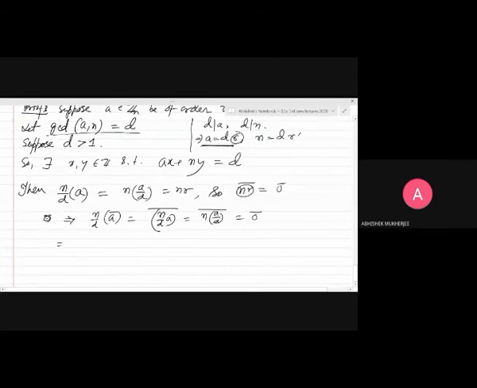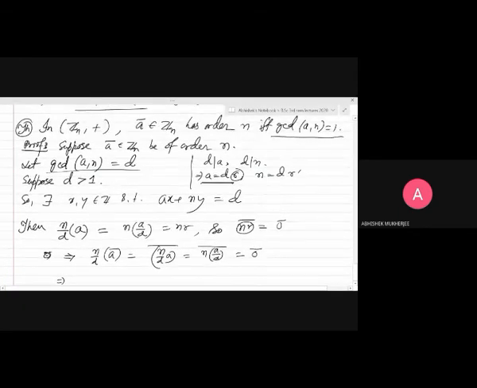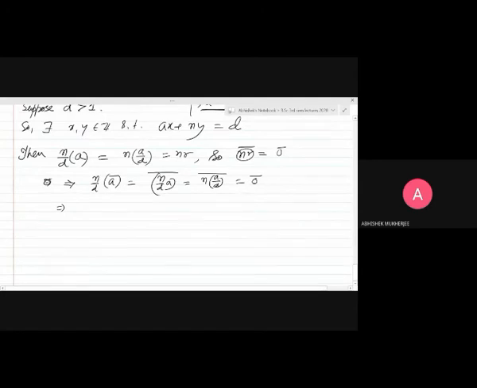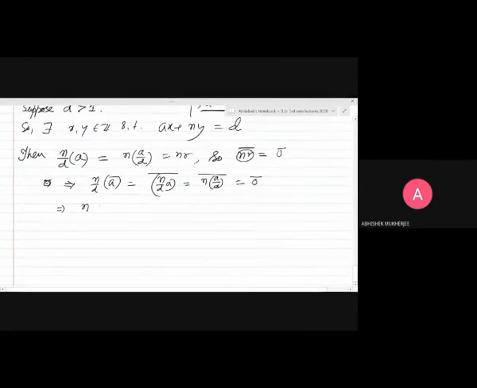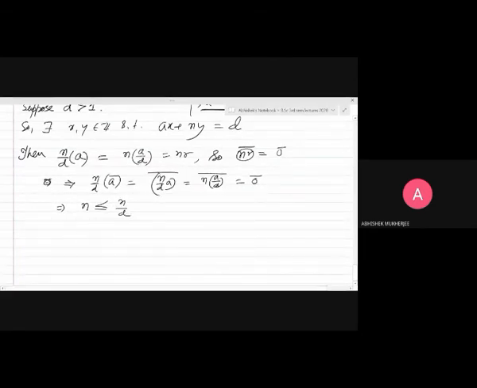But it has order n, and n is the least positive integer for which n a class will be the 0 class, so n must be less than or equal to n by d.